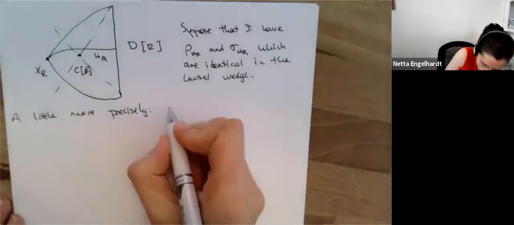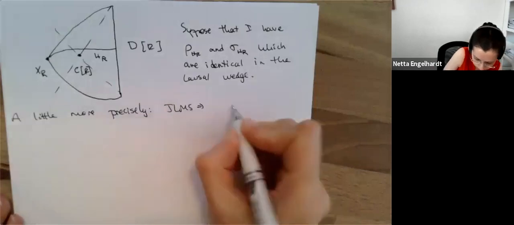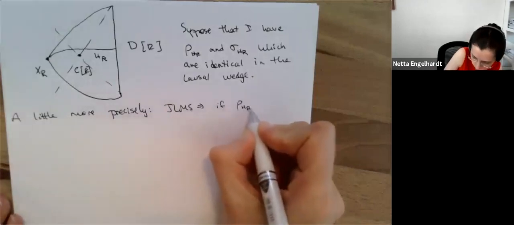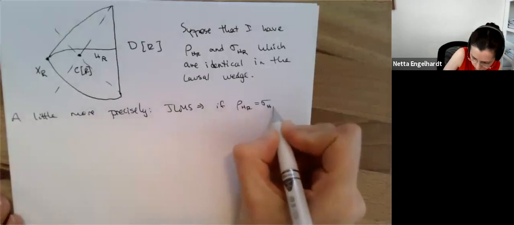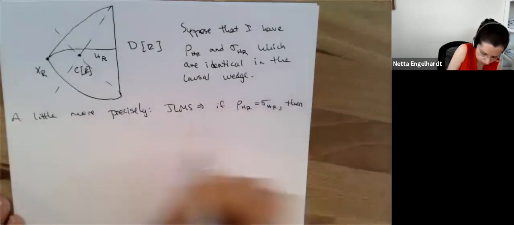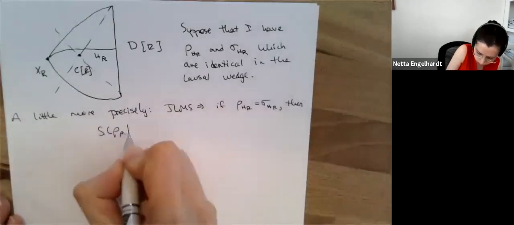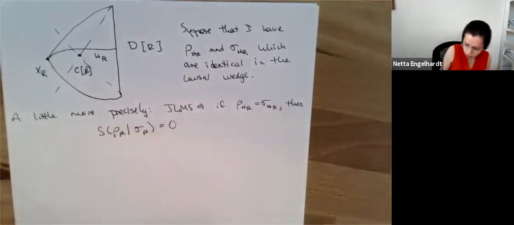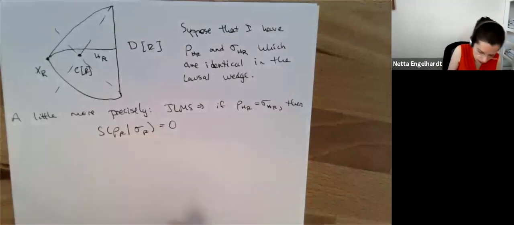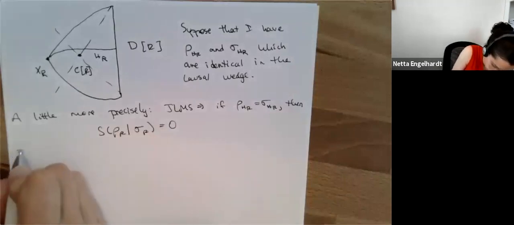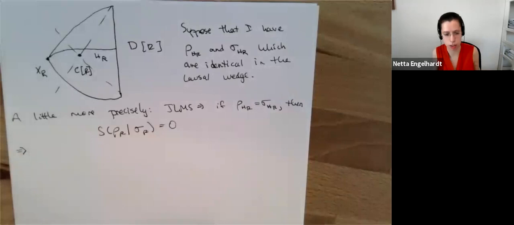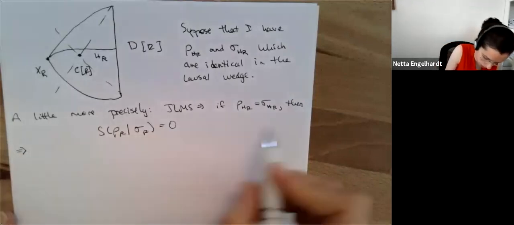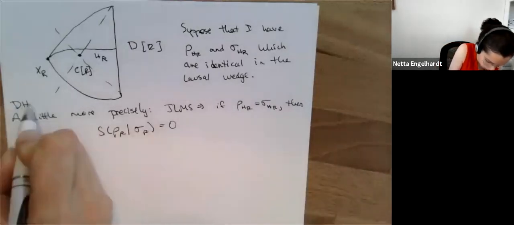So JLMS implies that if rho HR equals sigma HR, then S of rho R, sigma R is order G Newton. And from this, I'm not going to show you how to do this, but you can look up the original Dong-Harlow-Wall paper, DHW.